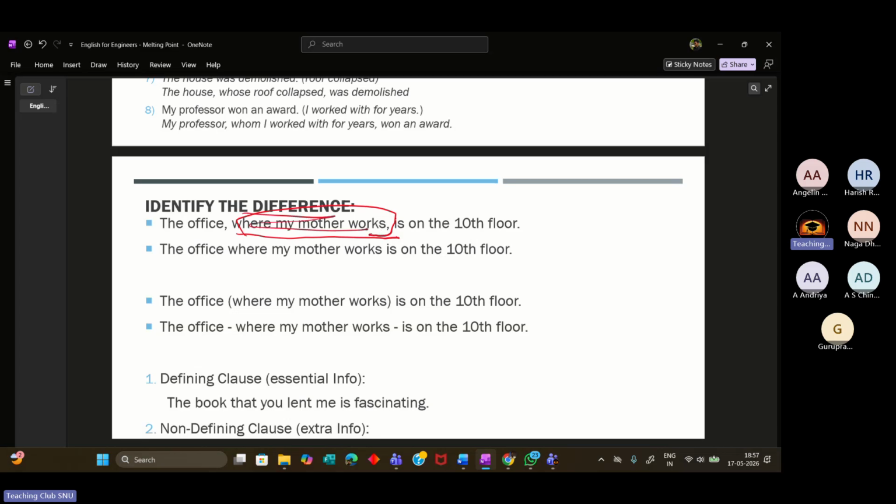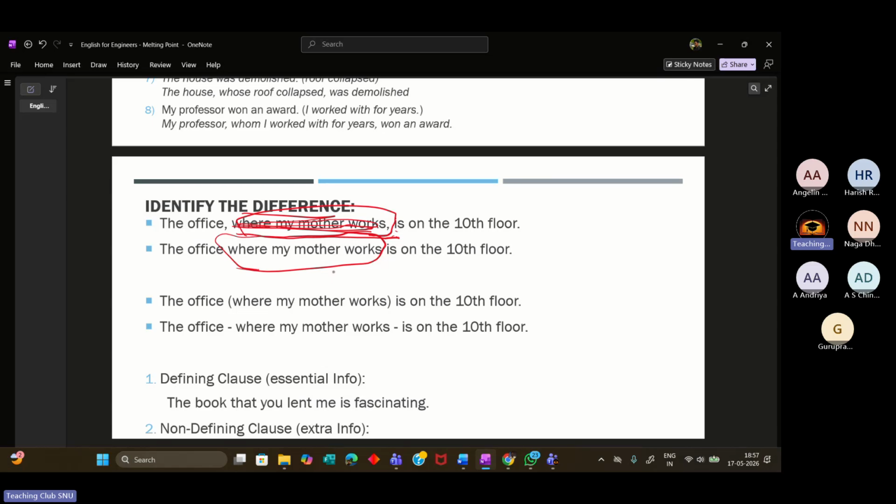You take it off from the sentence and it will still convey the necessary information. Whereas in the second case, this clause is actually important. This will be the reply when someone has actually asked where your mother's office is.